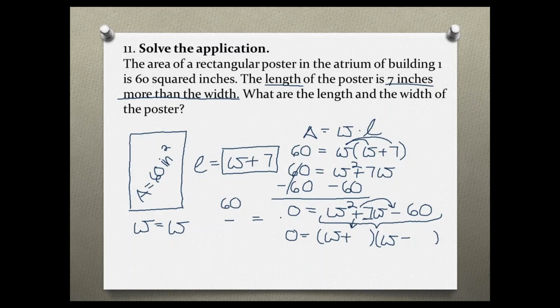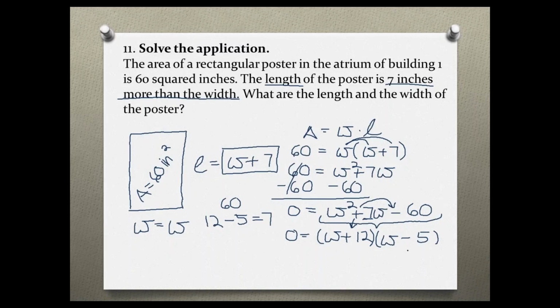So which factors of 60 subtract to give me 7? That would be 12 times 5 is 60, and 12 minus 5 is 7. The larger one goes first, so 12, the smaller one second.